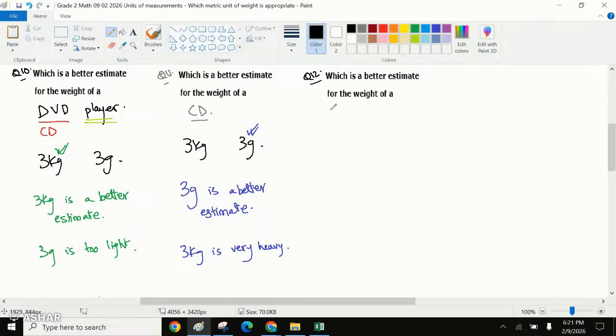Okay. How heavy do you think a slice of bread can be? Can it be 29 grams? Can it be 29 kilograms?